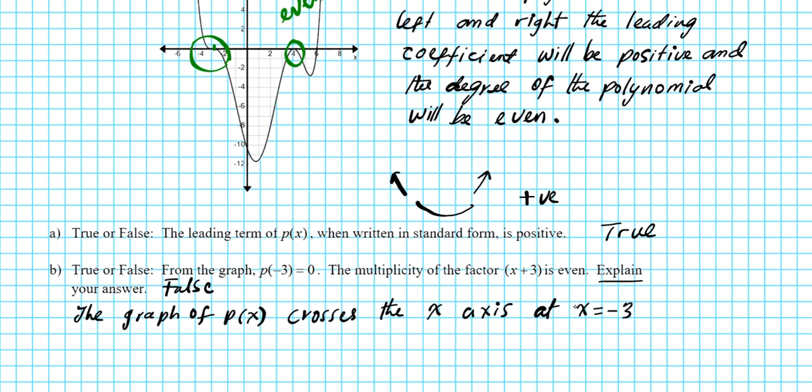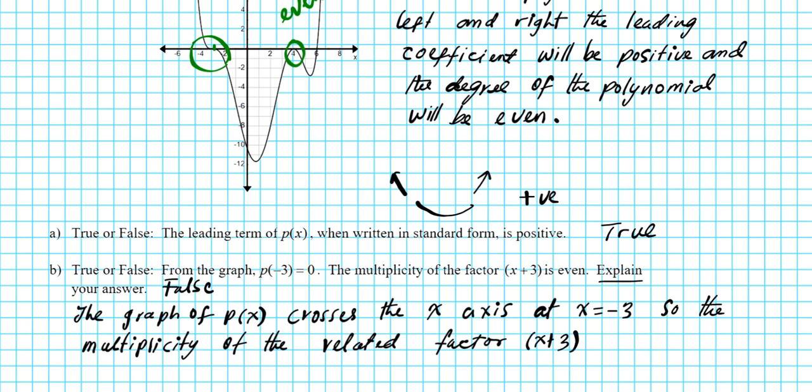So the related factor x plus 3, so the multiplicity of the related factor is what? How many times does it show up? It shows up exactly once, okay? So the multiplicity of the related factor x plus 3 is 1.